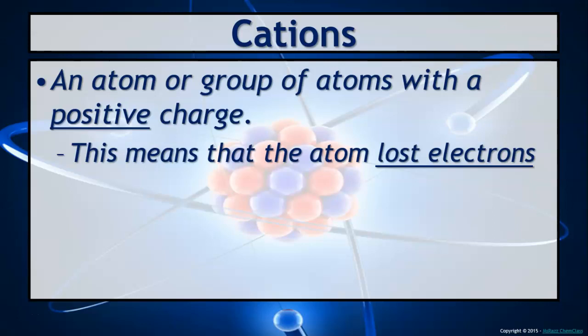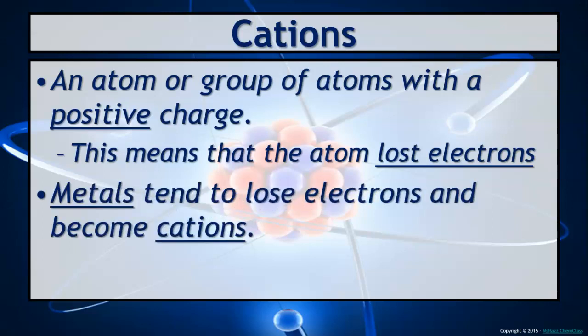It now has more positives, more protons, than it does electrons, negatives. It tends to be metals that lose these electrons the most and become cations. We'll talk more about this in a few weeks, but metals can be found primarily in the middle of the periodic table.